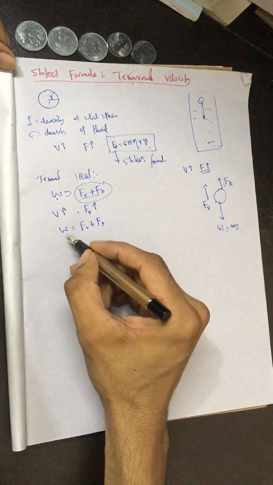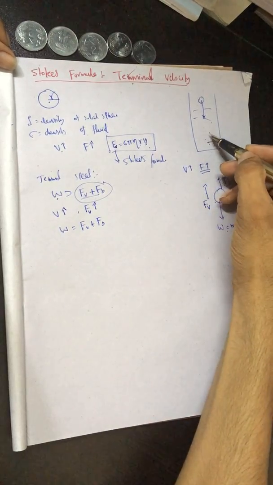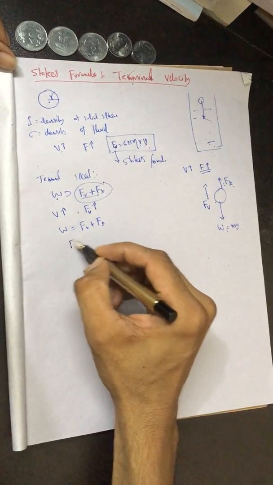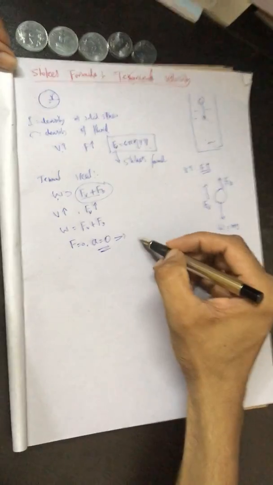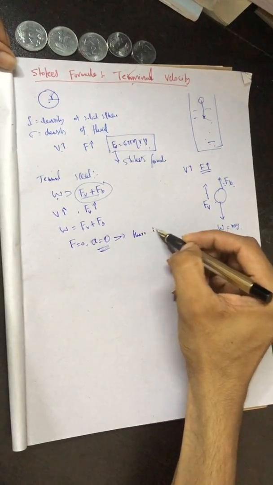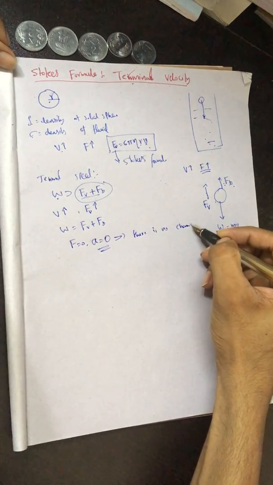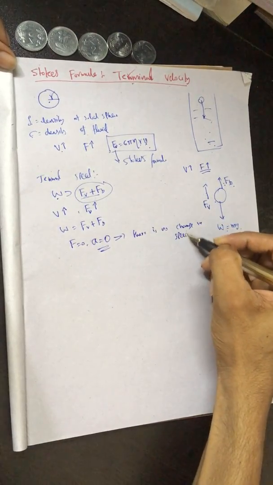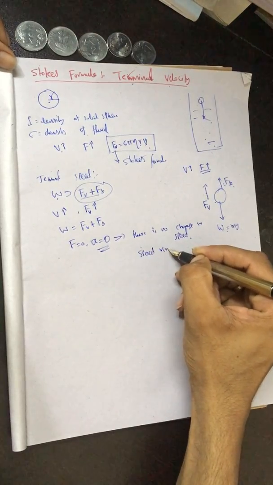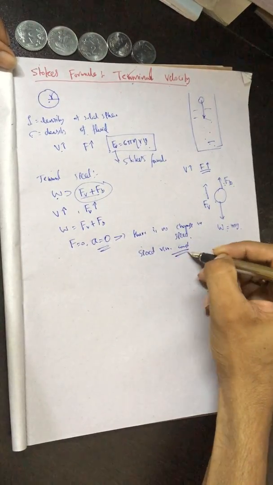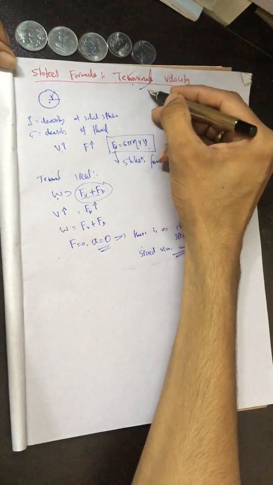And when the total force acting on the object is zero at a certain distance, the acceleration is zero. It means that there is no change in speed, or the velocity remains constant. That speed we call the terminal speed.